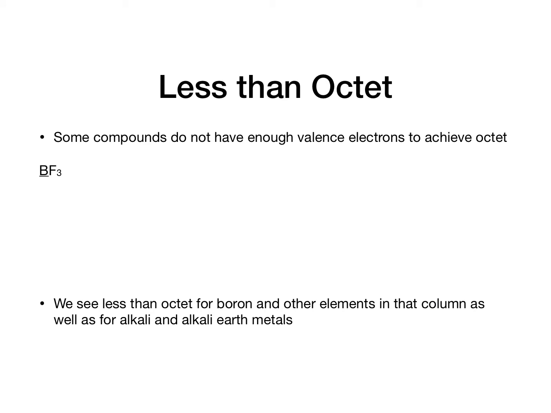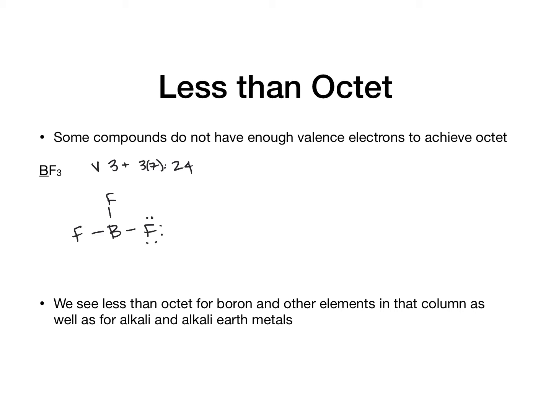So let's look at less than octet. In terms of less than octet, BF3 has the valence electrons of 3 plus 3 times 7, that gives us 24. So if we follow the rules, put the boron in the center, connect to our 3 Fs, add our lone pairs.